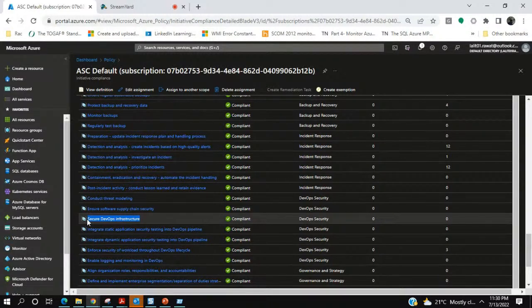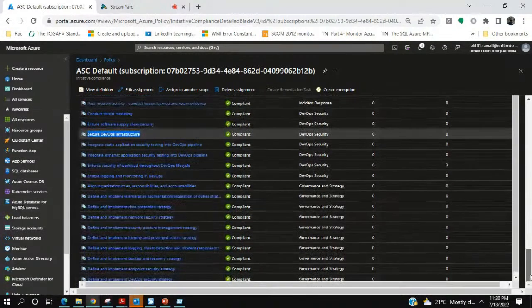Then incident response: detecting or analyzing high priority or high quality alerts, investigating your incidents, prioritizing them, and recovery related automated incident response. All of those things are there.